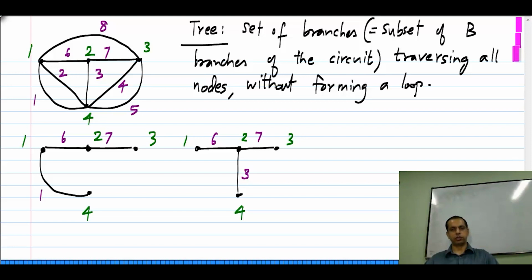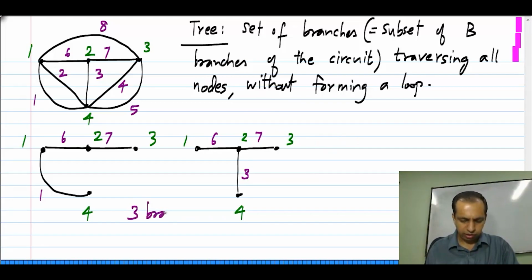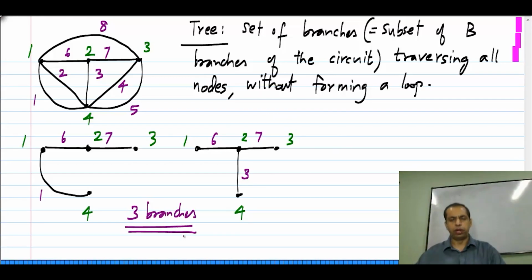So, this is also a tree and you can form many others. Now, one thing you notice is that both of these trees have 3 branches. You can make any number of trees from this circuit, and you will find that all of them will have 3 branches.